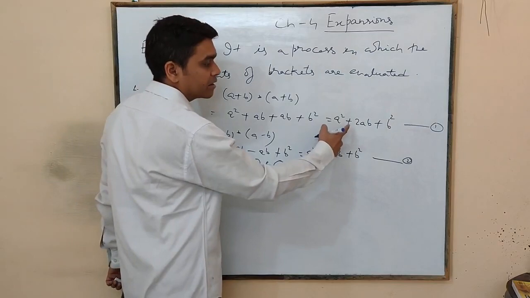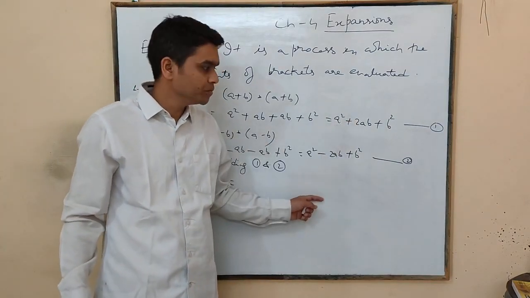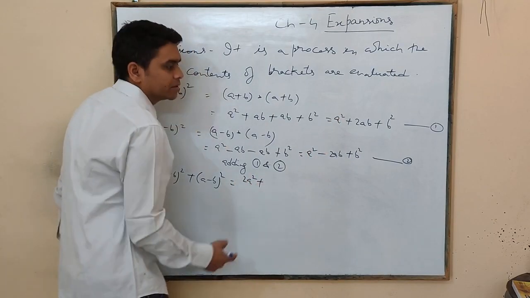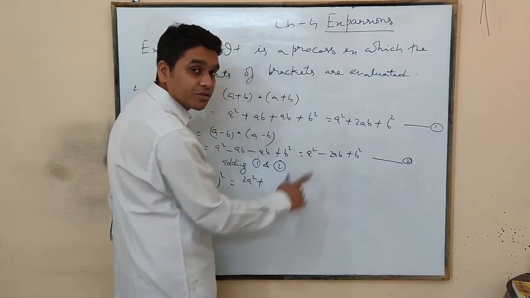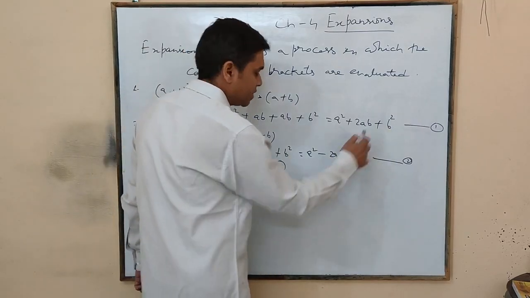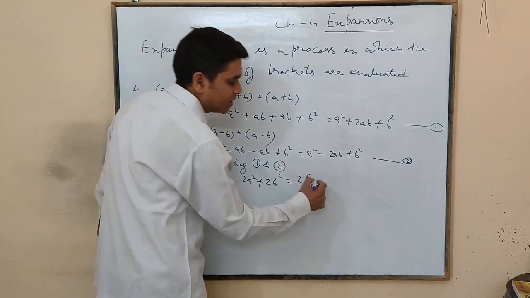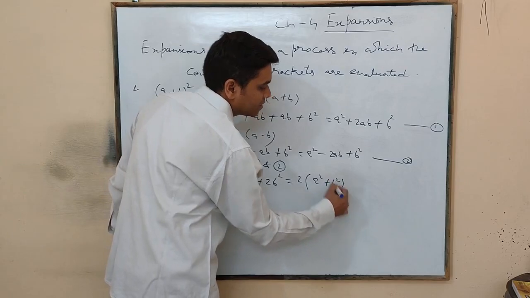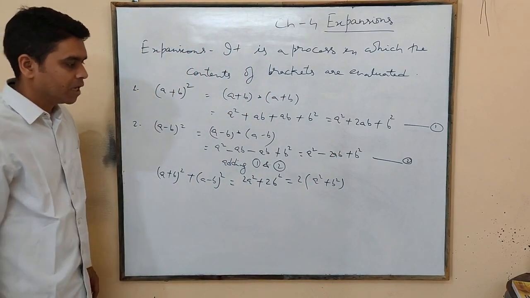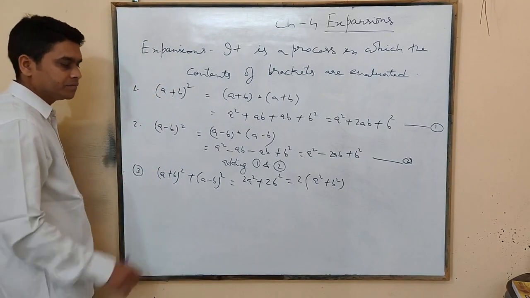Now here at the right hand side, if we are adding equation 1 and 2, a square plus a square is 2a square, and plus 2ab minus 2ab will be cancelled. Now b square plus b square is 2b square. Now take the 2 common, so this is 2 times a square plus b square. This is formula number 3.